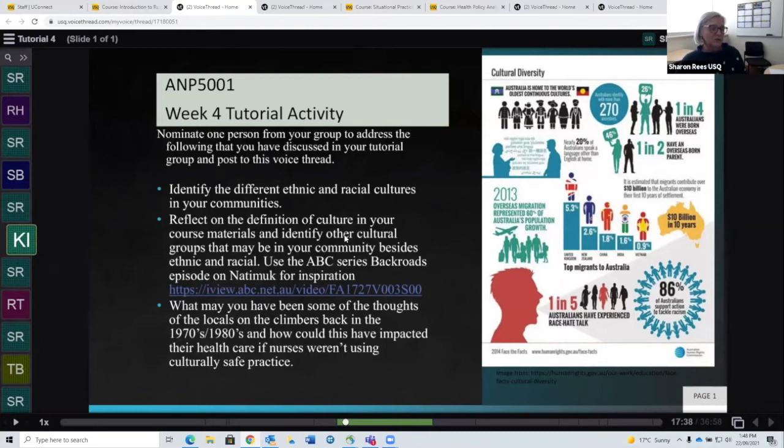But they were in groups of at least 2 or 3, and one person had to comment on what their discussions were in the tutorial. So the idea was that they would get together in those small groups and discuss the tutorial activity. And in that time, they would discuss the differences between their places where they reside.